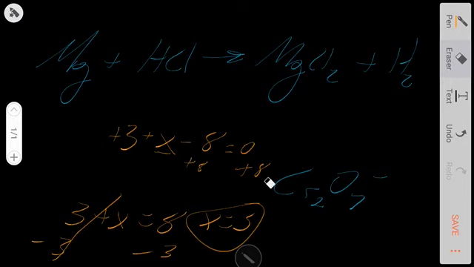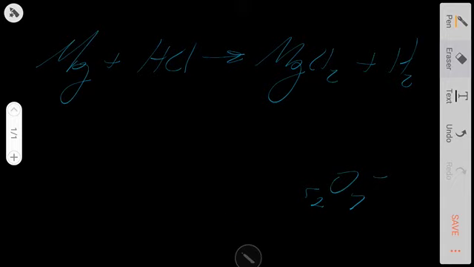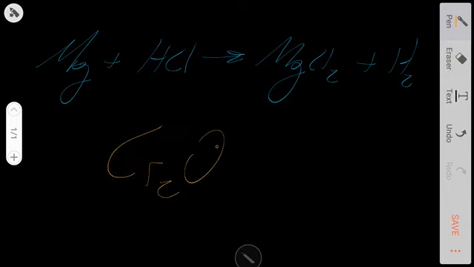All right. Let's do the same thing for dichromate. If I'm looking at dichromate, we're first going to look at chromium, I'm not exactly sure what it is, but oxygen, I know what it is.